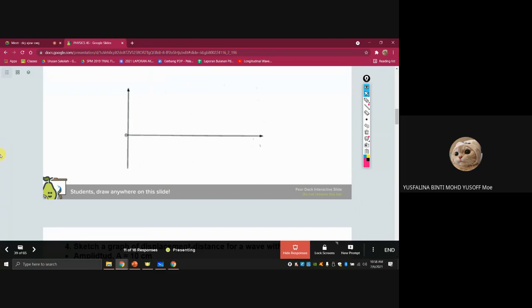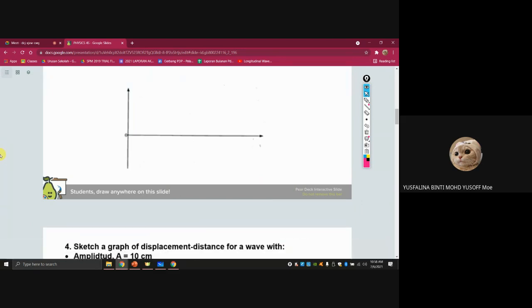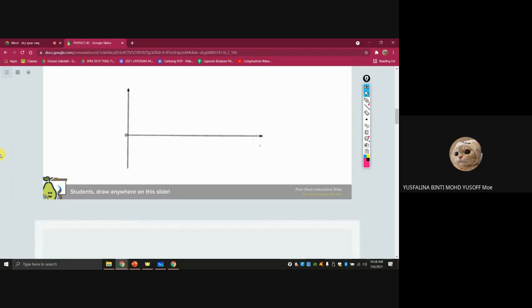Okay, I try to draw using yours. This is pencil using pink.